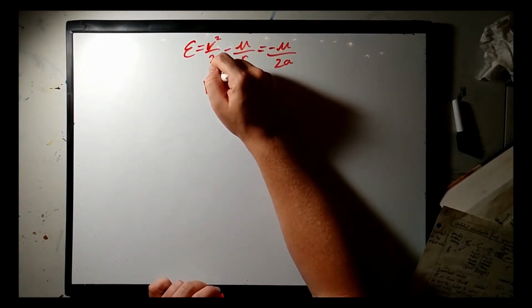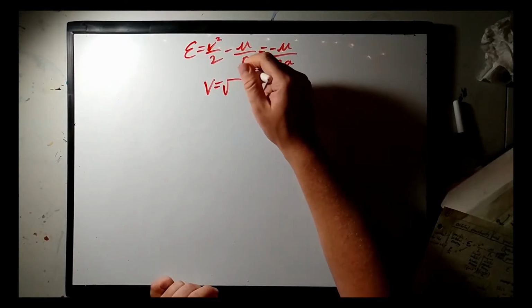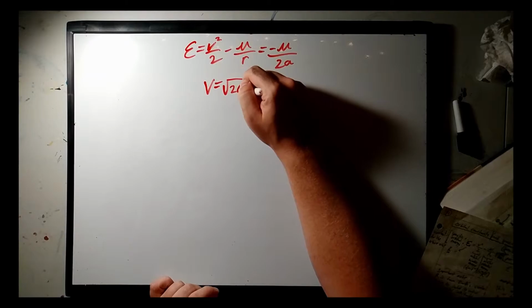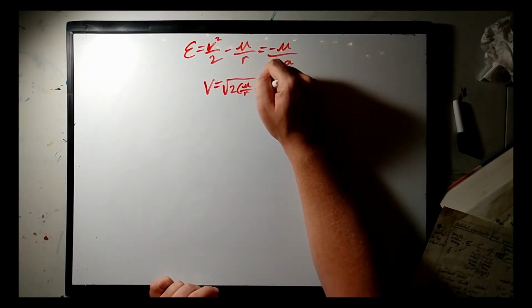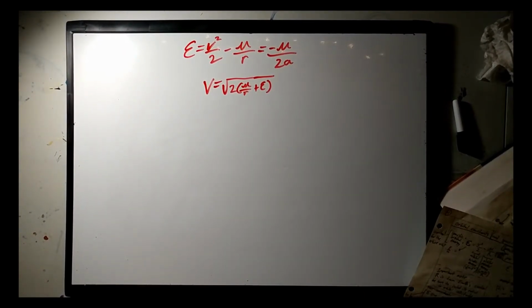And you can find v is equal to the square root of 2 times mu over r plus orbital energy.